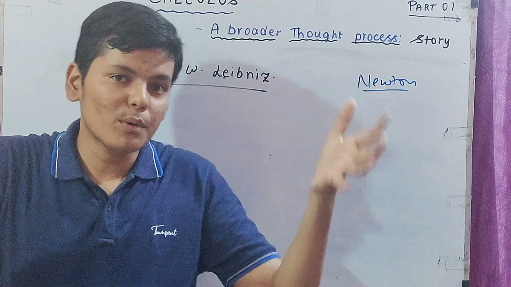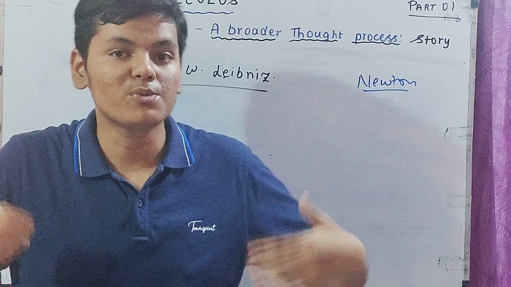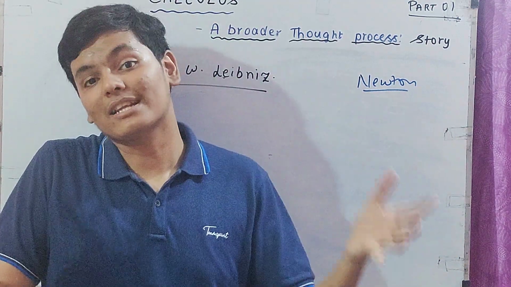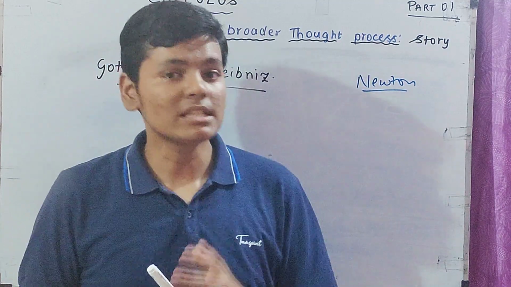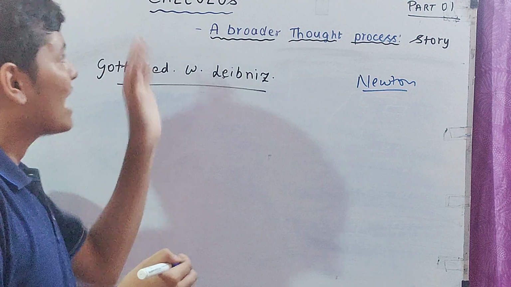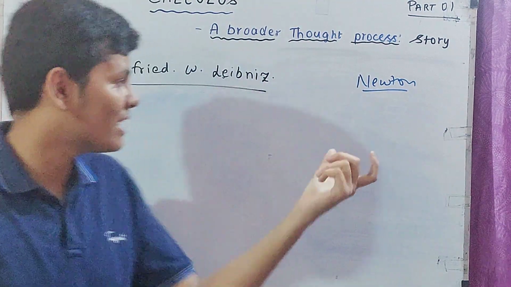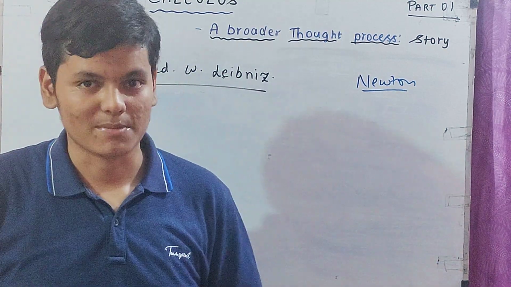It is believed that they both wanted to create a mathematics to express their own individual laws, and they both created the calculus themselves, and both calculus were exactly the same. That is the theory given by many people, but that is obviously not true, because calculus is a very vast branch of mathematics, and a very vast branch of mathematics being given by two different persons at different places at the same time is not possible.